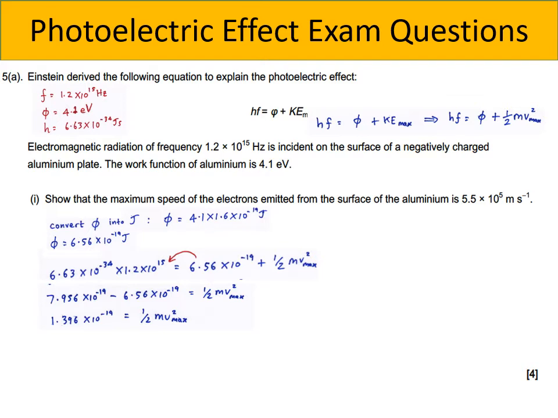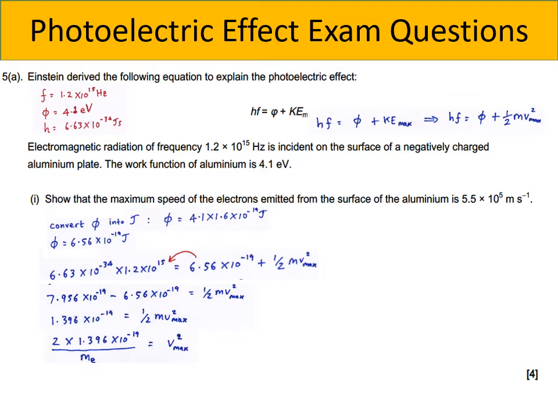Because the powers are the same, we can just do 7.956, take away 6.56, and we are left with 1.396 times 10 to the power minus 19, which is equal to half mv squared max.